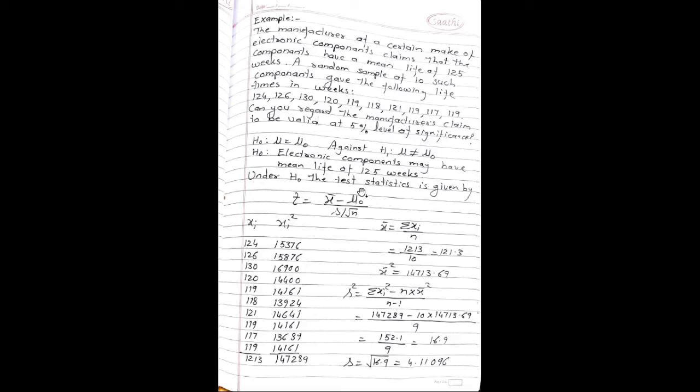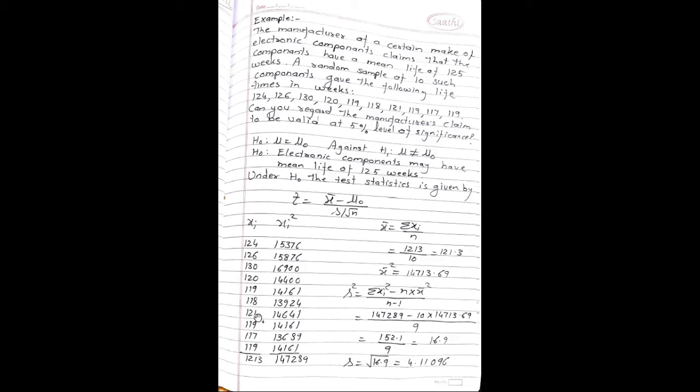Under H0, the test statistic is given by t is equal to x bar minus mu naught upon s upon root n. So we will have two columns, xi and xi square. The values of xi are given as 124, 126, 130, 120, 119, 118, 121, 119, 117 and 119.